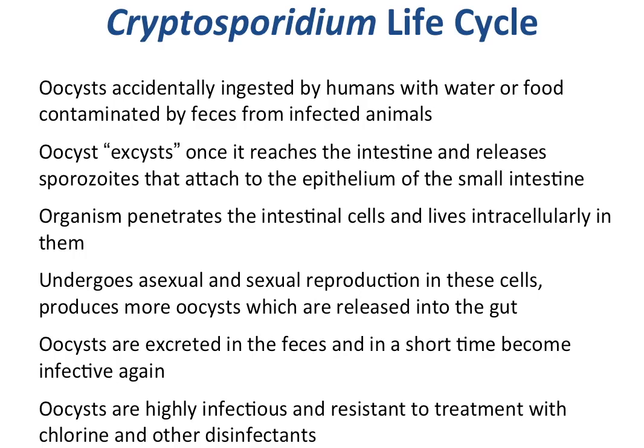For cryptosporidium, if humans eat the oocyst, the oocyst reaches the intestine and releases sporozoites, which touch the epithelium of the small intestine. The sporozoite can penetrate the intestinal cells and live inside the cells.